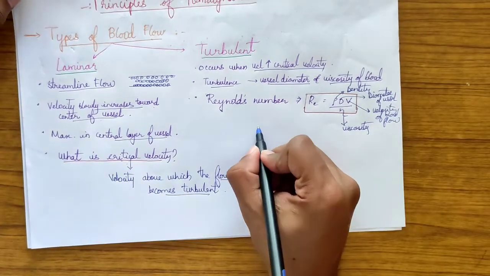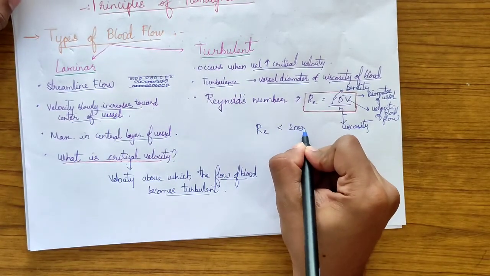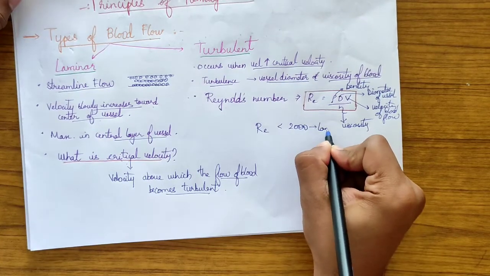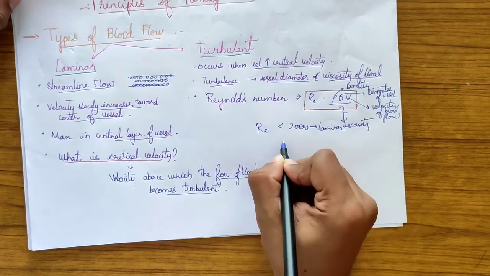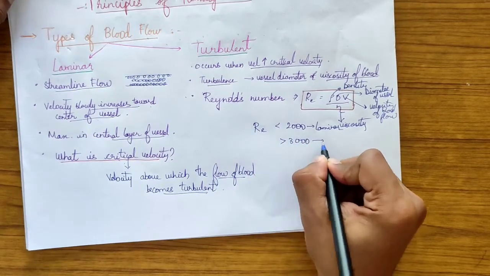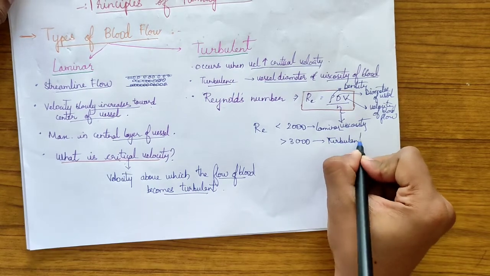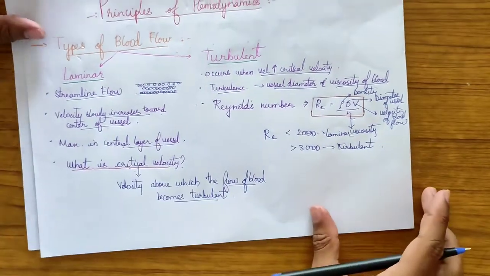So when the Reynolds number is less than 2000, it will remain laminar blood flow, and when it's more than 3000, it will become turbulent blood flow. So this is about the types of blood flow.